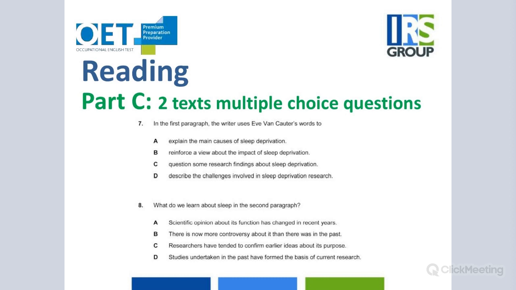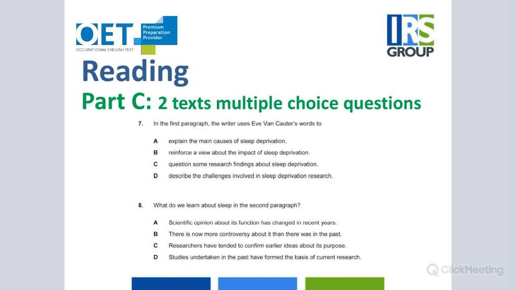In part C, as I said, you'll be having 2 extracts, with 5 to 6 paragraphs in each extract, and you'll have 8 questions. You will have to read the questions, and here also you will have 4 options to choose from.